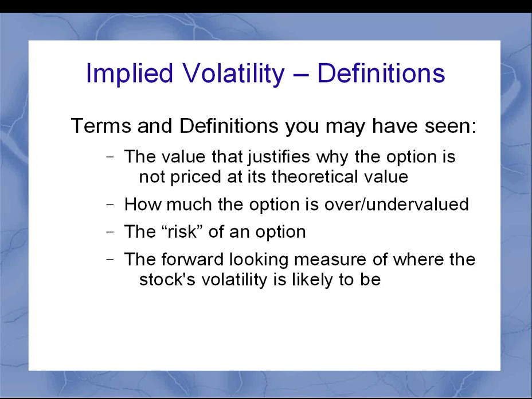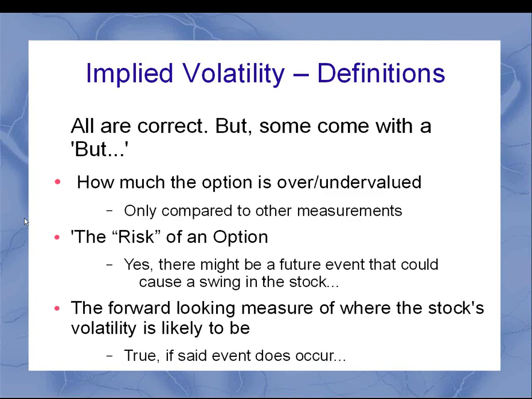Okay, so these are some of the definitions that you've probably heard, and all of them are correct, but of course some come with a but. Now, how much the option is overvalued or undervalued? Does implied volatility really reflect that? Not by itself, only compared to other measurements that we use. The risk of an option, well, yes, if we see something that has a higher implied volatility or implied volatility out of the norm, that usually points to a future event that could cause a swing in the stock price.